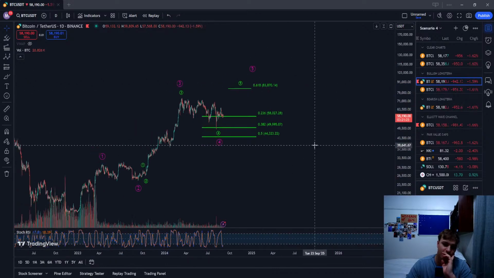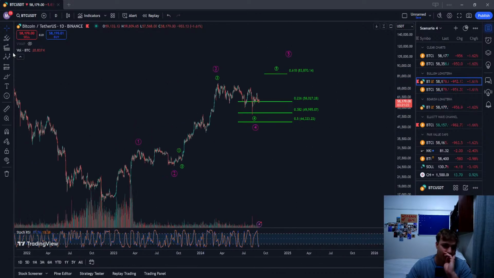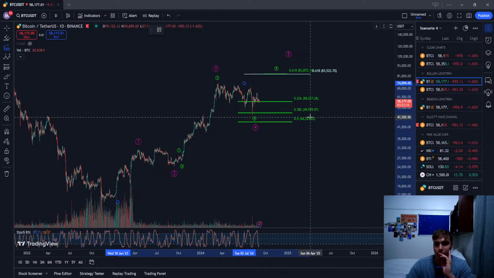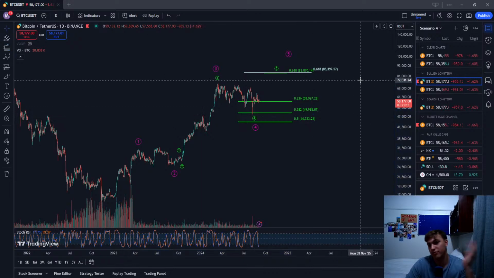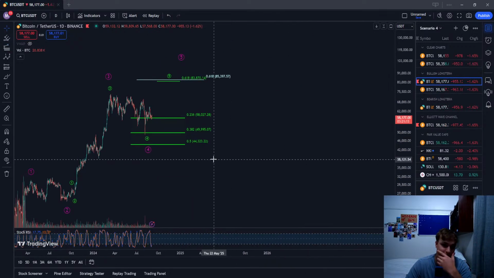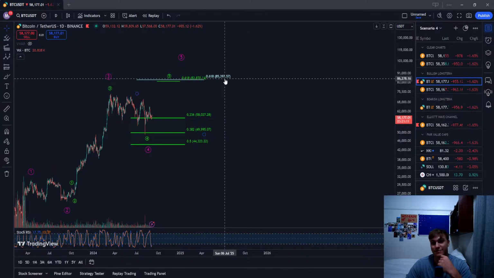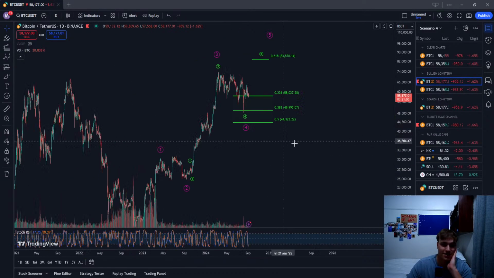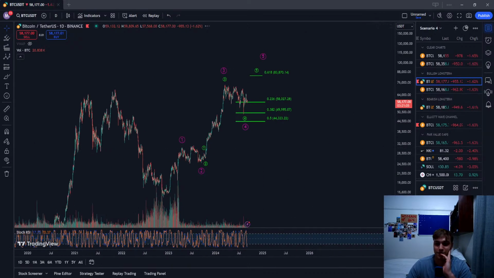Now the target for this is almost nothing. Target goes from the bottom of wave 1, top of wave 3, bottom of wave 4, 0.618. Target for the bull market, $85,000. That would be where that sits. Not very exciting. 85 for a massive bull market like this.